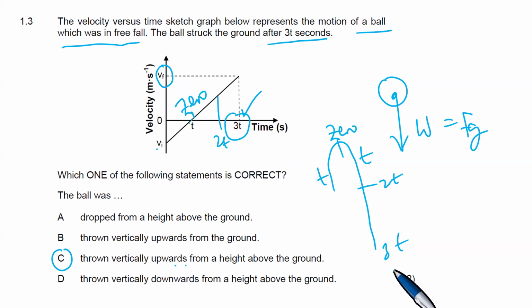It took a time of twice t, because 3t minus t is 2t. It took double the time, time t here and time 2t there, to reach its final velocity. So it makes sense. Okay, we're good. Noah is on point.